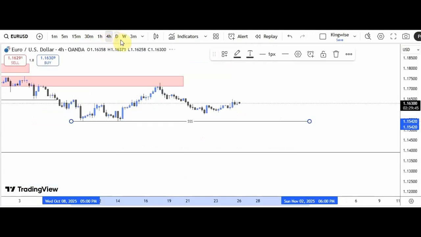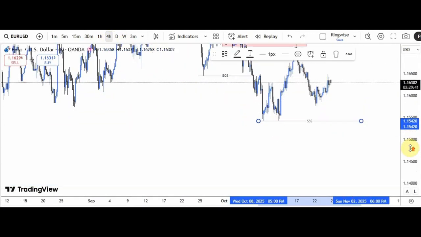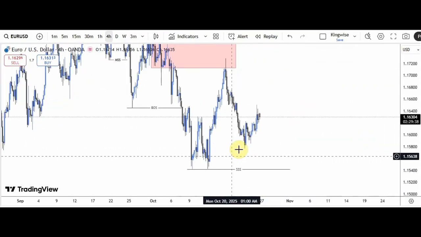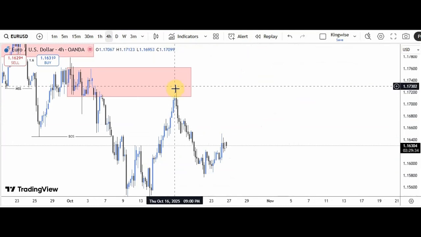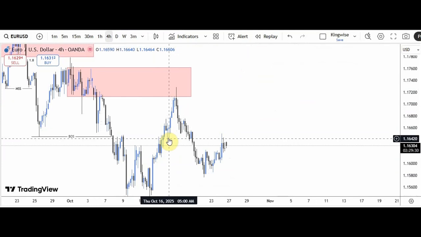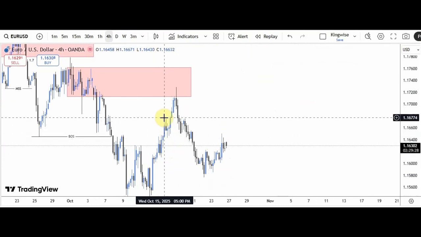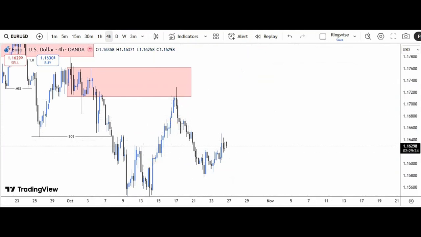So meaning we need to see price go take this low. So what can we see, guys? Price sold all the way down and took out this low. You know, this is a swing, and we saw price took out this low.